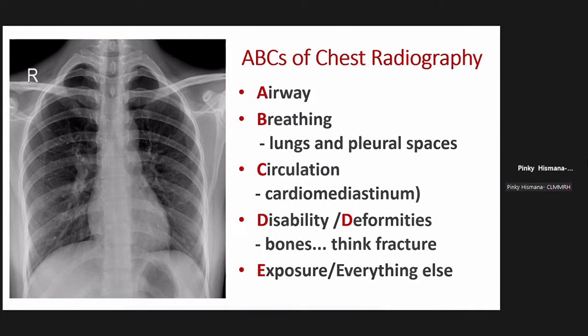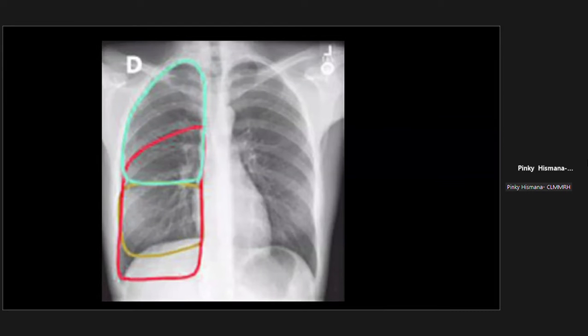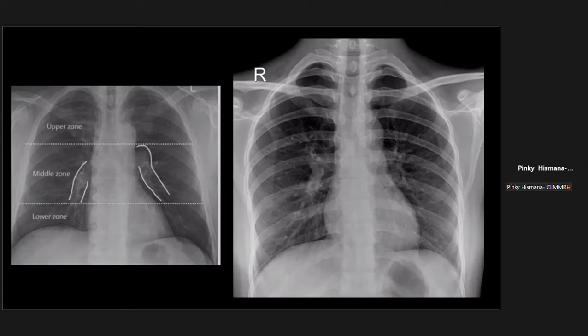Anyway, I guess we have already discussed breathing. And as I've mentioned before, the problem if you use the different lobes is that there's superimposition, such that when we refer to lesions, we just mention upper zone, middle zone, and lower zone, and it's basically the hilar region which is the cutoff.